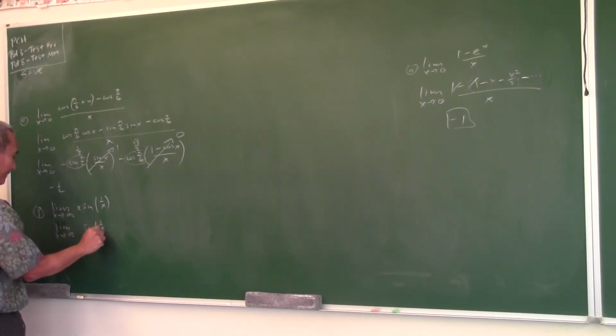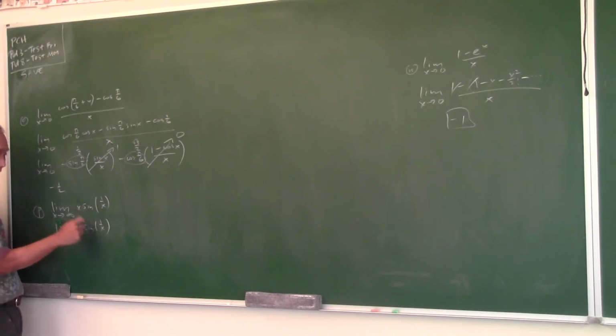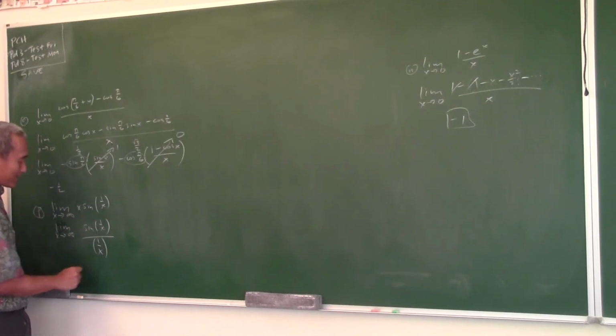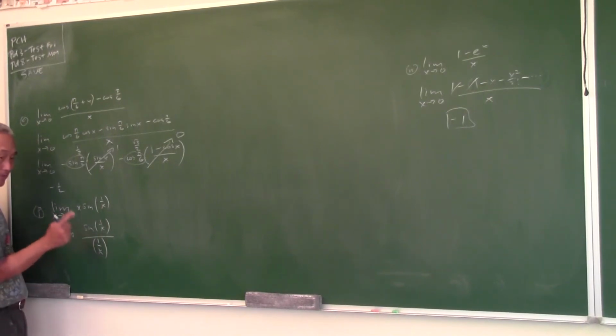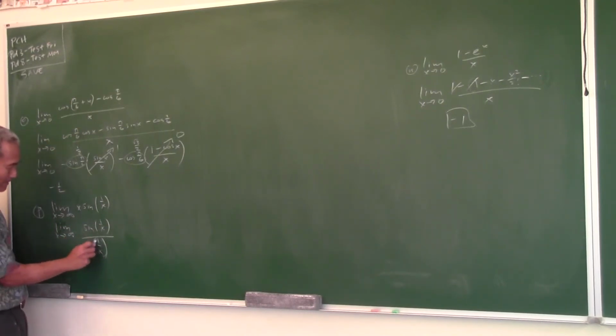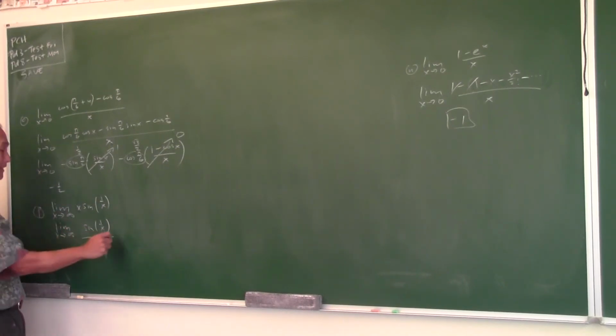Well, when you have an x in the numerator, isn't that the same thing as a 1 over x in the denominator? So I have sine of box over box, but the question is, is that friend? Is the box going to 0? If the box is going to 0, that's friend. As x approaches infinity, what happens to that? It gets closer and closer to 0. So this is friend. That is 1.